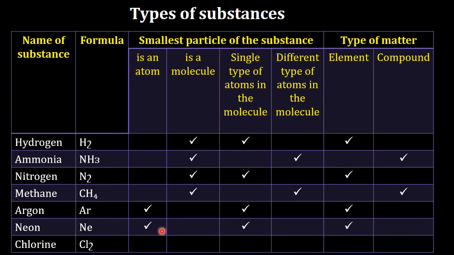Lastly, chlorine, Cl2. Yes, very good students, it is a molecule. Single type of atoms are present in the molecule and therefore it is an element. So from this we understand that the smallest particle of an element taking part in chemical combination is an atom.